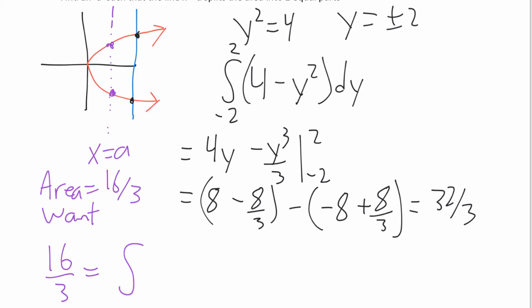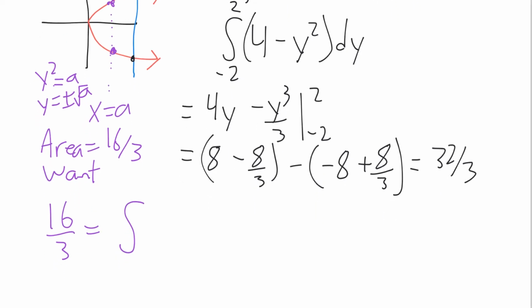In this case, y squared will equal A, because we're trying to find where the parabola and that purple dotted line will intersect. And so that means we can write here, y squared will equal A, or y will equal plus or minus root A. So the bounds on my integral will be from minus root A to root A, of A is the upper curve, and y squared is the lower curve, dy.